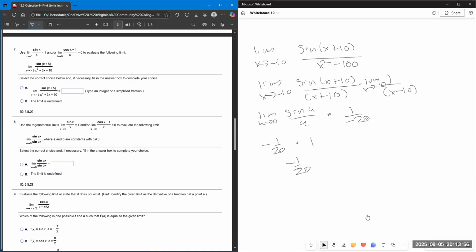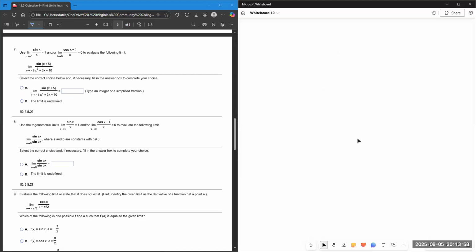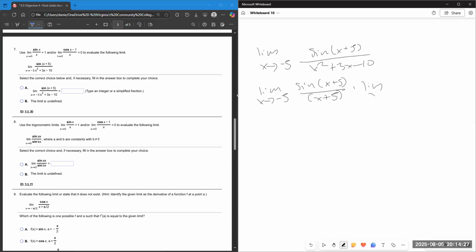All right, let's look at number 7. Limit as x goes to -5 of sine of x plus 5 over x squared plus 3x minus 10. Similar situation here. This goes to -5 of sine of x plus 5 over x plus 5, limit as x goes to -5 of 1 over x minus 2.